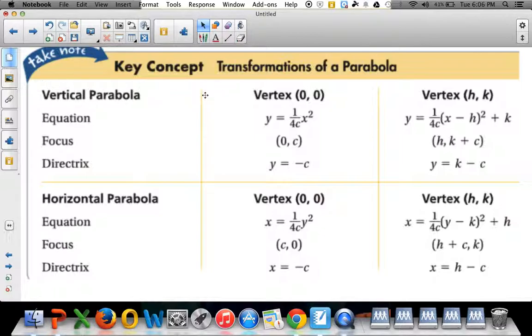For vertical parabolas, the vertex 0, 0 is used right here. For vertical parabolas, when the vertex is not at the origin, you're going to use the h, k equation, focus, and directrix right here. Horizontal parabolas are on the bottom, the vertex 0, 0, and vertex h, k right here.